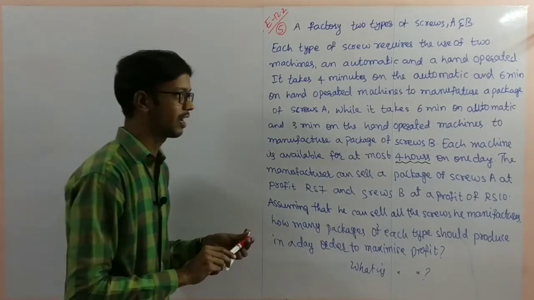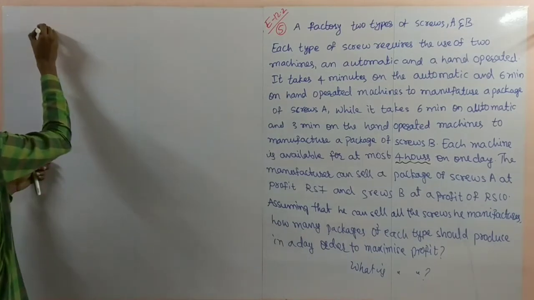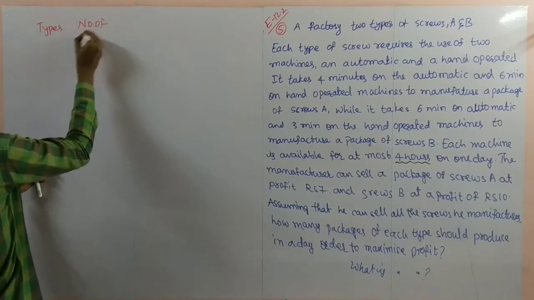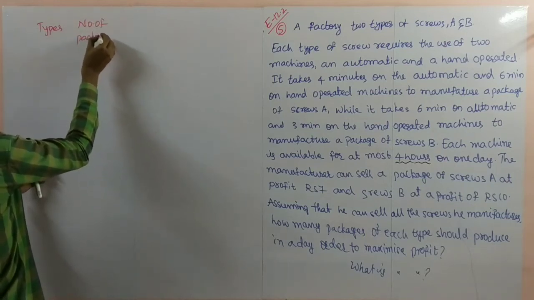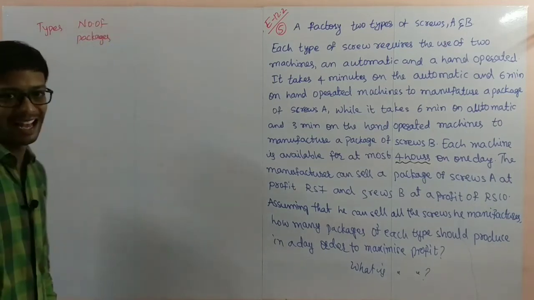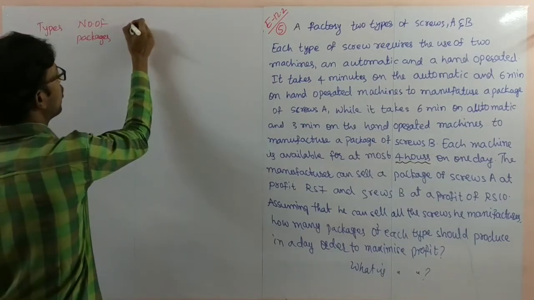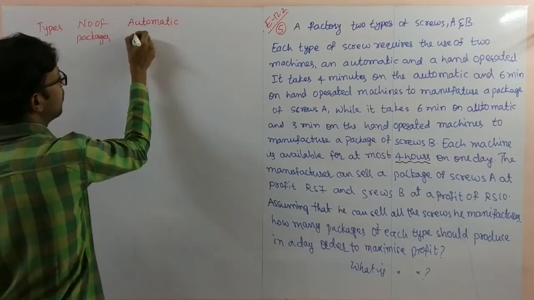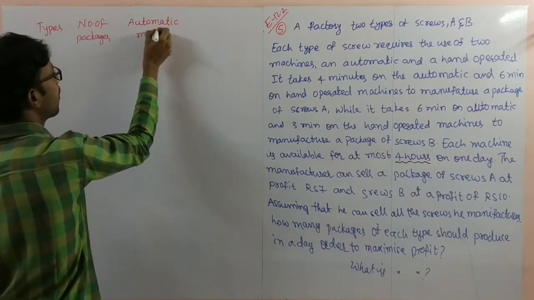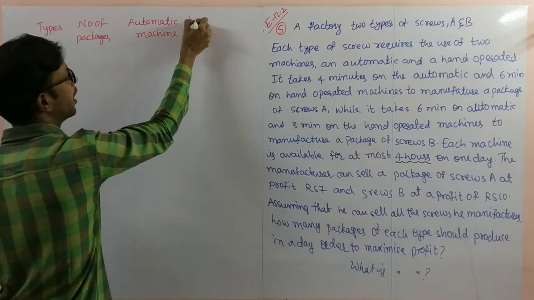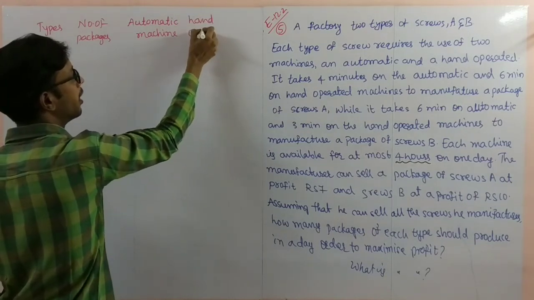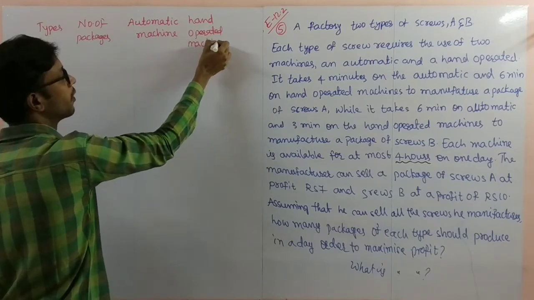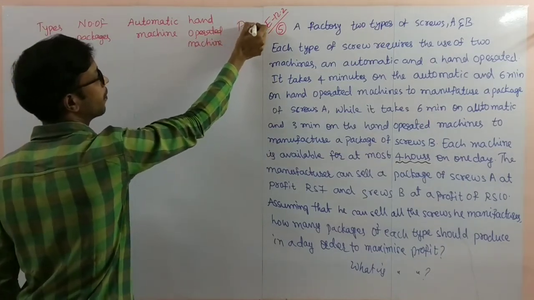So what are there here? Types first of all, number of packages, automatic machine and hand operated machine, and finally profit.